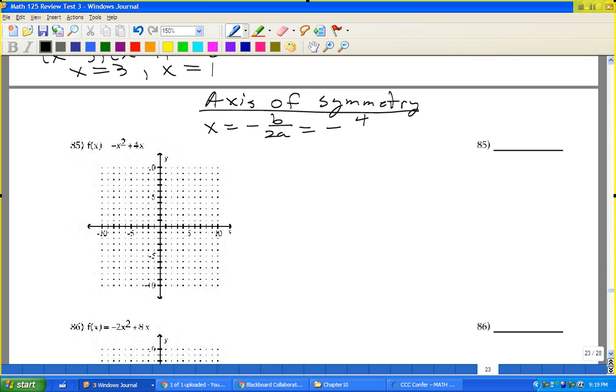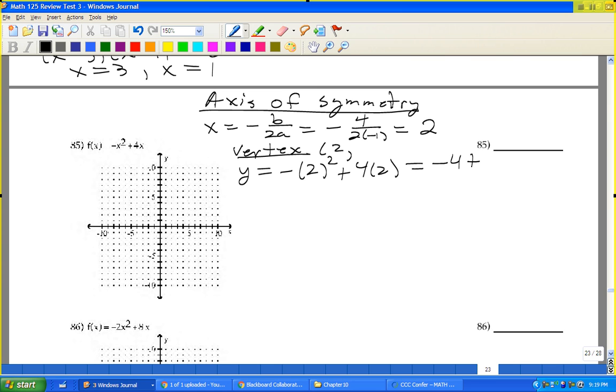And so negative b over 2a is going to be a positive 2. Let's find the vertex. So the vertex is 2, and I plug in a 2 here, so it's negative 2 squared plus 4 times 2. So negative 4 plus 8 is 4.